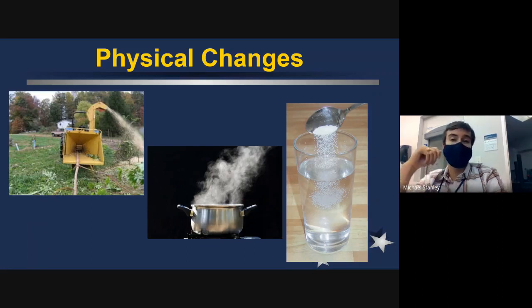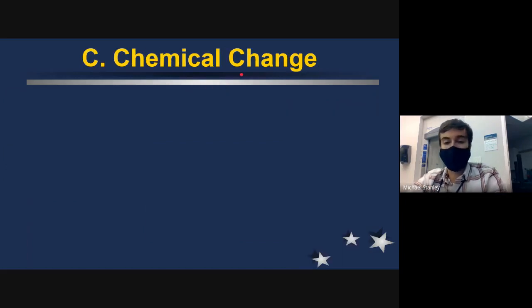What happens if we create some new chemicals, some new compounds, some new matter that we didn't have there before? We start and we end with different stuff. If that's the case, then we no longer have a physical change on our hands. Instead, we have a chemical change.